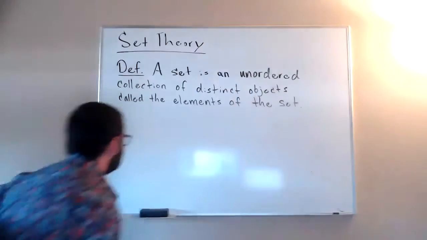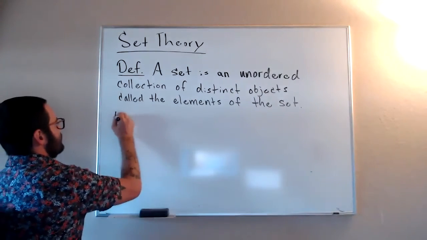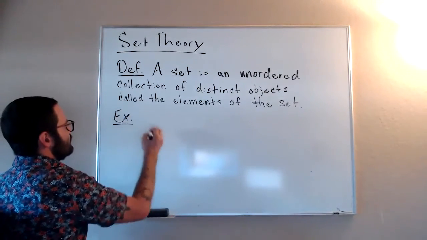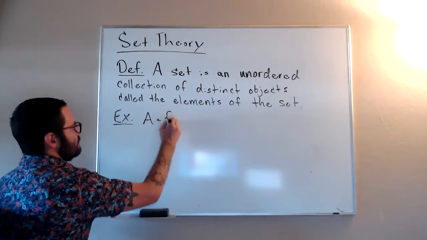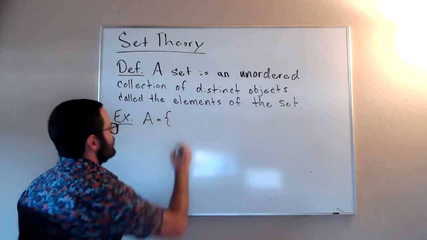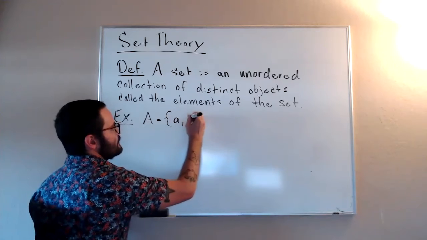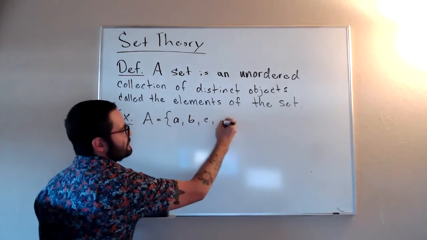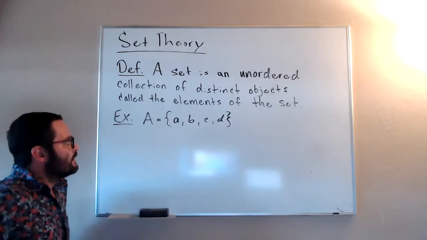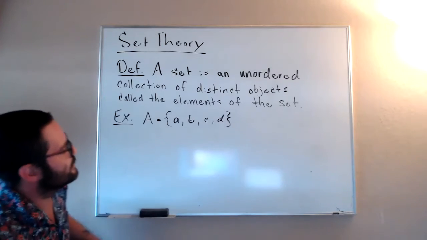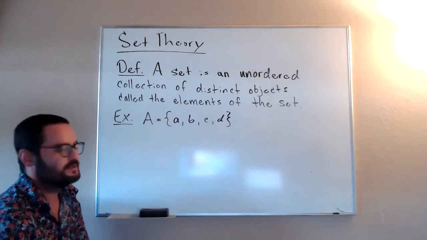So, for example, we can have a set, maybe capital A, which is equal to the set consisting of the letters a, b, c, and d. Here, the members or the elements of the set A are a, b, c, and d.